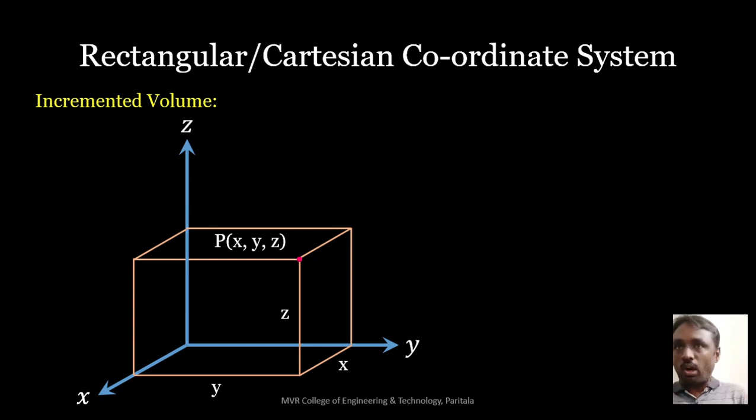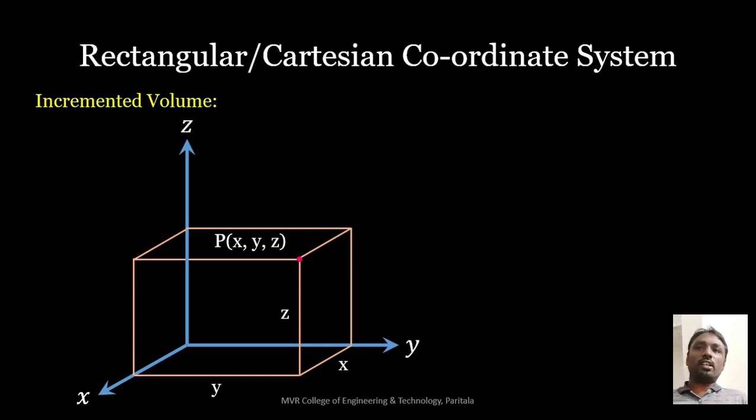Then what is the volume of this box? The volume of this box can be identified as the bottom area into height. What is the bottom area? The bottom surface is in the xy plane, occupied with x length and y length.